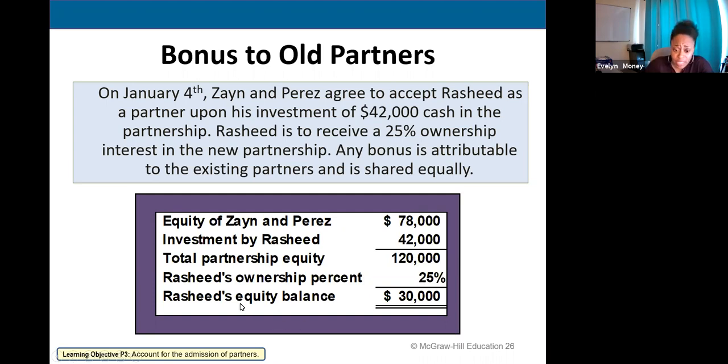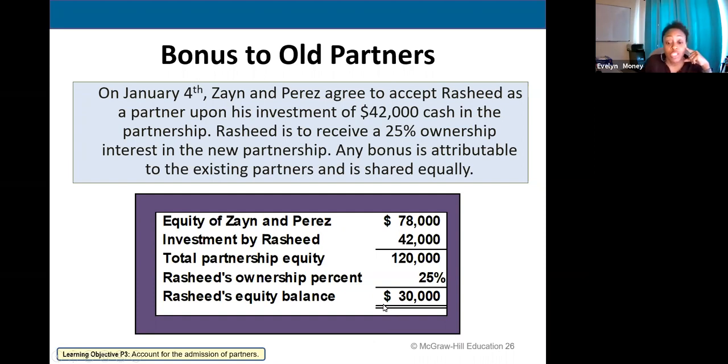So from that, we see that Rashid's equity balance is 25% of the $120,000, or $30,000. Well, wait a minute. Didn't Rashid bring in $42,000 in cash? And his capital balance is $30,000.